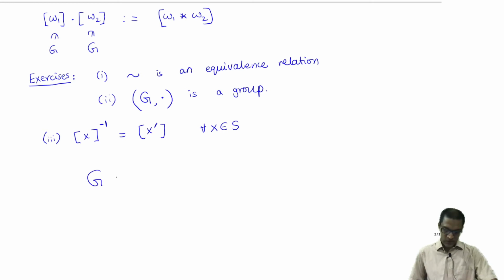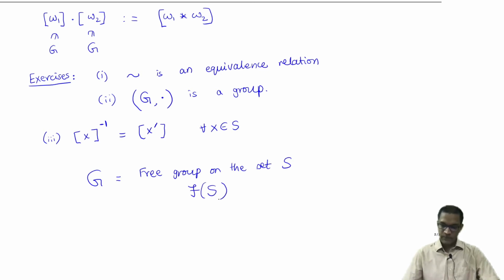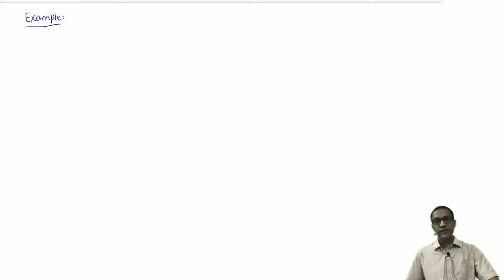G is what's called the free group on the set S, and the notation we introduced was this curly F of S. So let's get our hands on an example, something even simpler than the free group on two alphabets. We could look for the free group on a single alphabet, or a single generator.